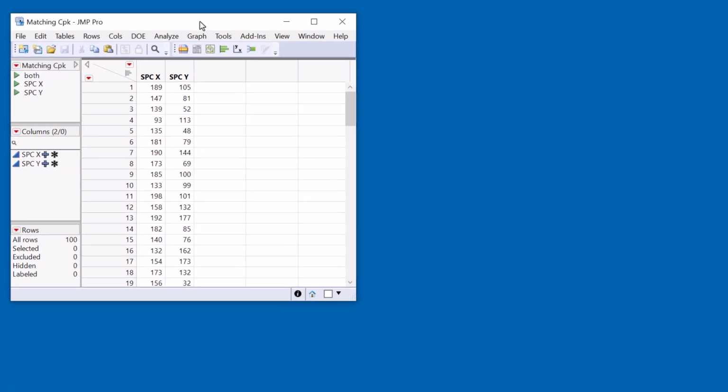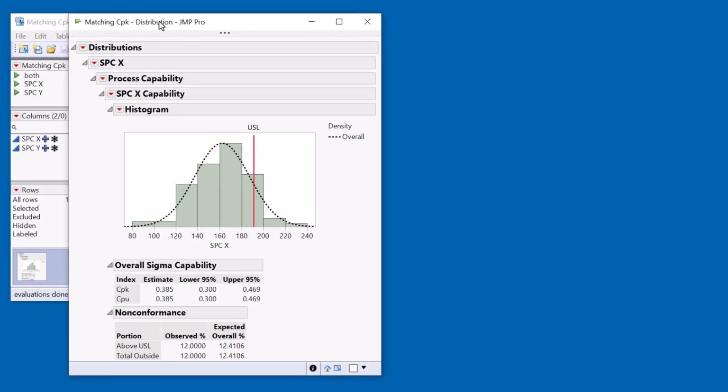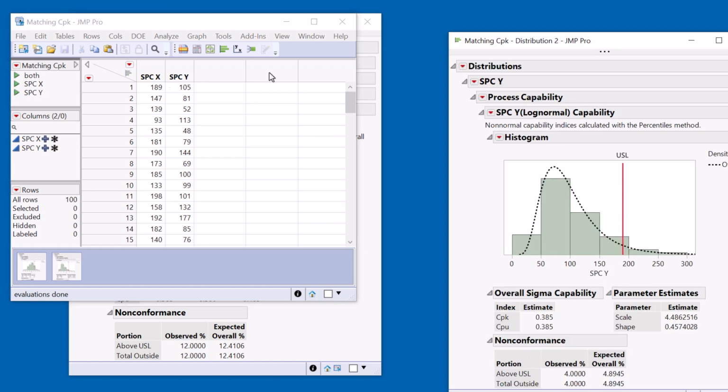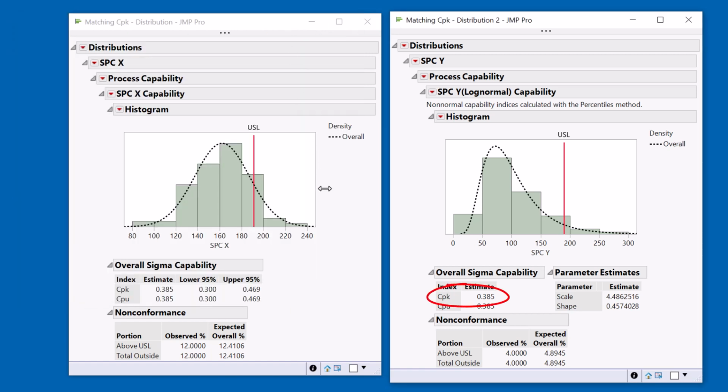To illustrate that, let me look at these data. SPCX is normally distributed, and it gives me a CPK of 0.385. Now let's look at SPCY. It also gives me a capability index of 0.385.